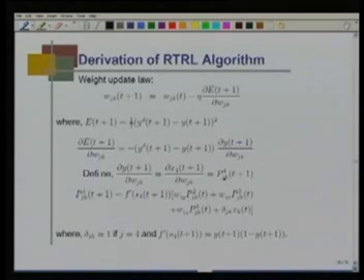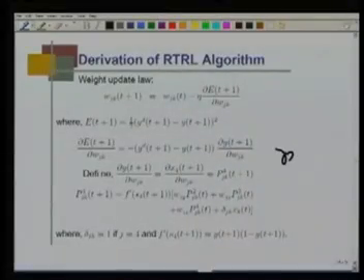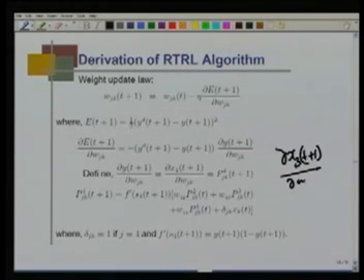Similarly, if I want to write ∂x3(t+1)/∂w_jk, it will be p_jk^3(t+1). So, this is the way we define the gradient information.